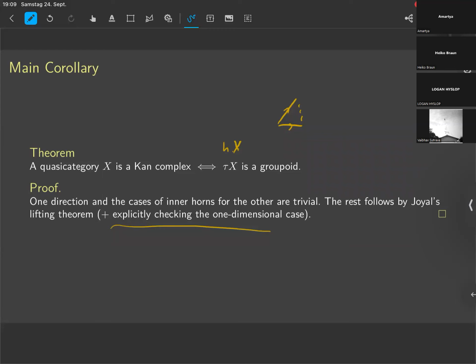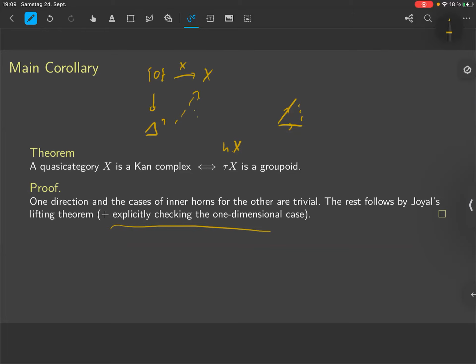So this would be the situation where we have 0 here, taking it into delta 1, and then we have to find a lift. But this is easy because we can just lift it to the identity on whatever vertex x this goes to here. So we can lift it to the identity of x as an edge.